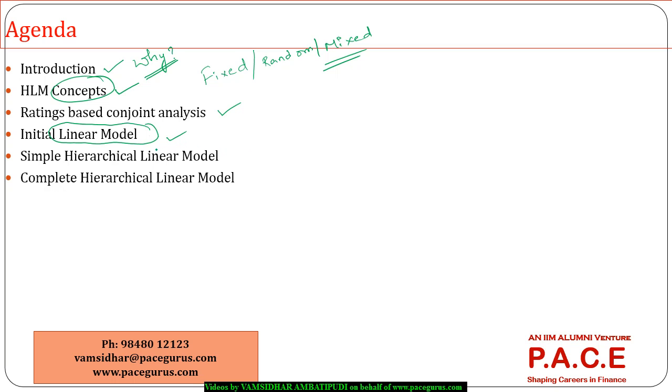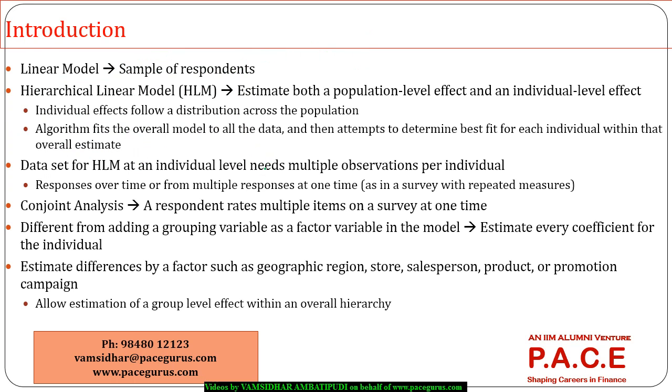Based on that, what is the kind of improvisation that's happening when I'm going with hierarchical linear modeling? Within that, I would try to look at what do I mean by simple hierarchical linear model versus a complete hierarchical linear model. So this is what is the context of this particular session.